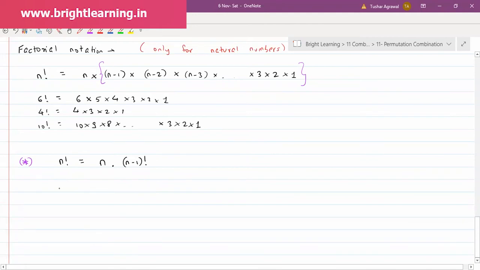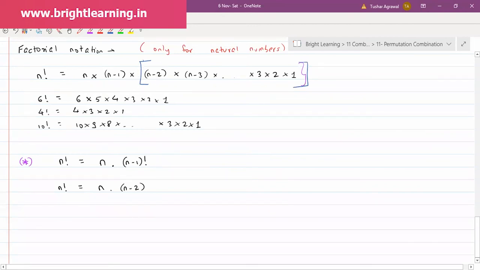Or you can say that n factorial is equal to n multiplied by n minus 1 outside, and this blue bracket. And what is this blue bracket?